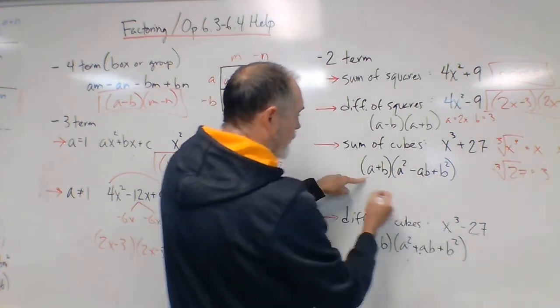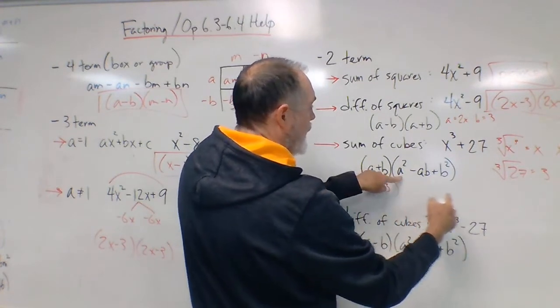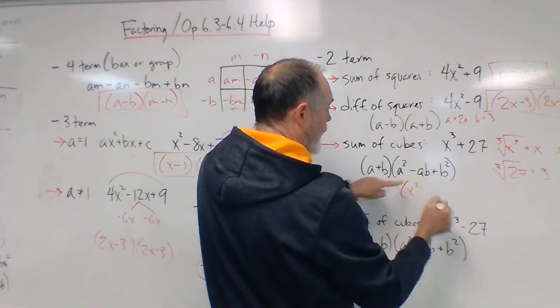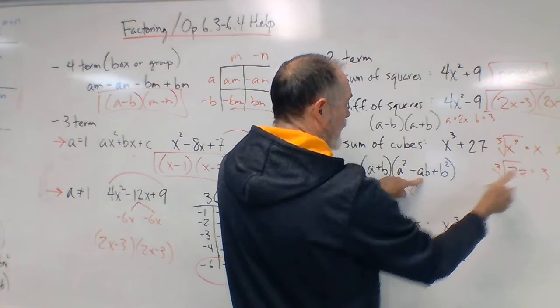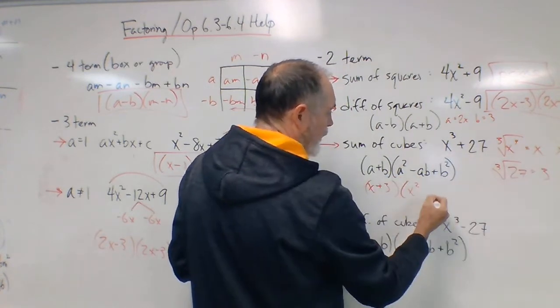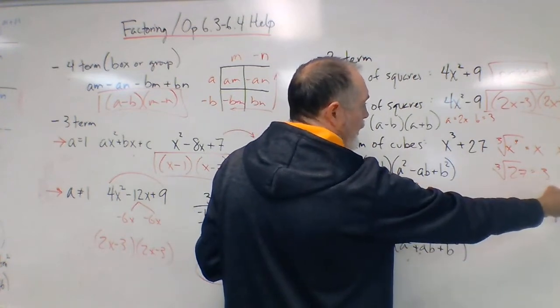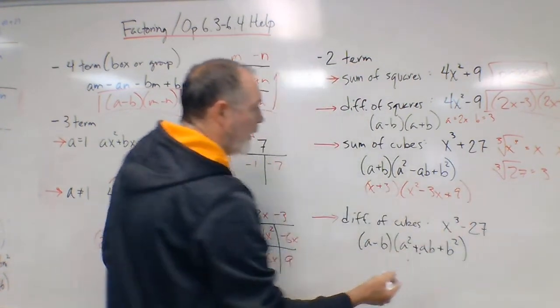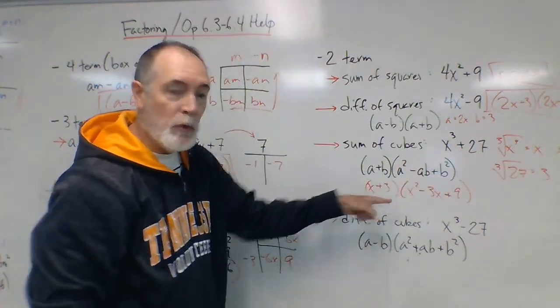Okay, so x plus 3, and then a squared. There it is. A squared is just x squared. And then the negative product of these two things. So 3 times x is 3x, and it's going to be negative, plus finally b squared, okay, plus 9. There. So this factors into this.